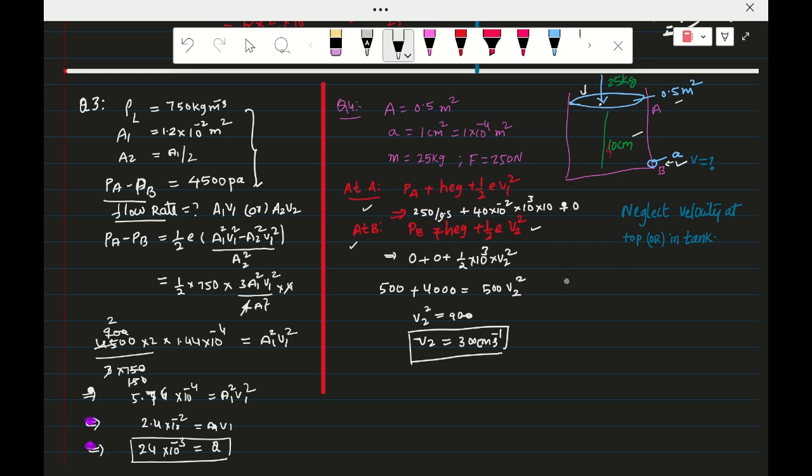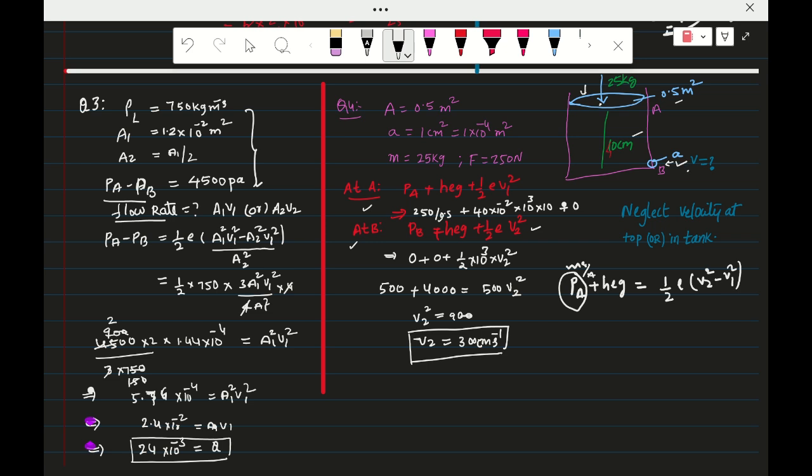Now the same equation when V1 is not neglected, what will happen? The pressure energy PA plus H rho g, where PA is equal to mg by A, plus H rho g is equal to 1 by 2 into rho into V2 square minus V1 square.